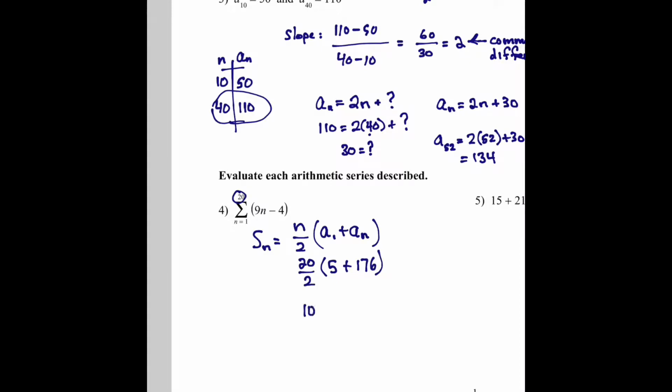So we have 10 times 5 plus 176. 176 plus 5 is 181. If you multiply that by 10, you get 1,810.